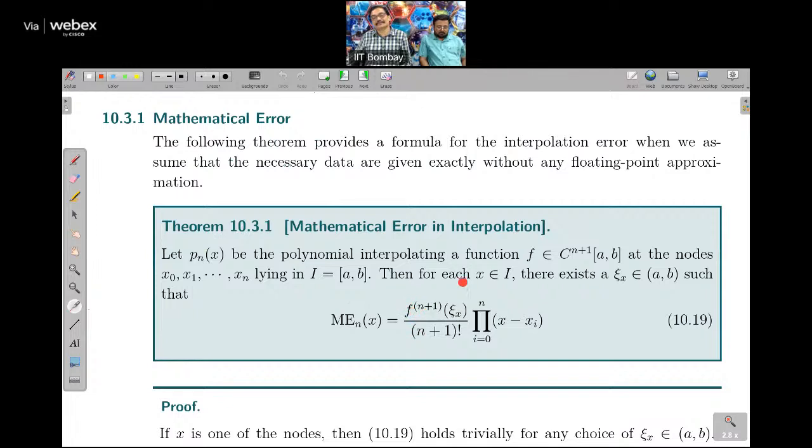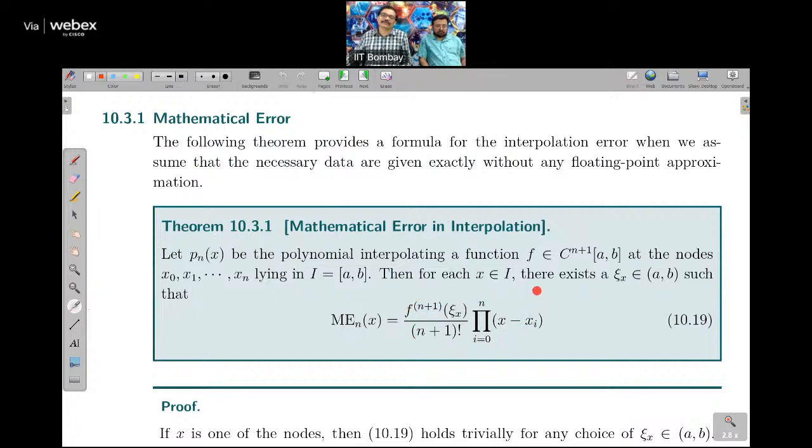That's too much compared to even the function itself. But that's life. Mathematically, this is the maximum you can tell. The mathematical error, which is f of x minus pn of x, can also be written like this. That's what the theorem says.